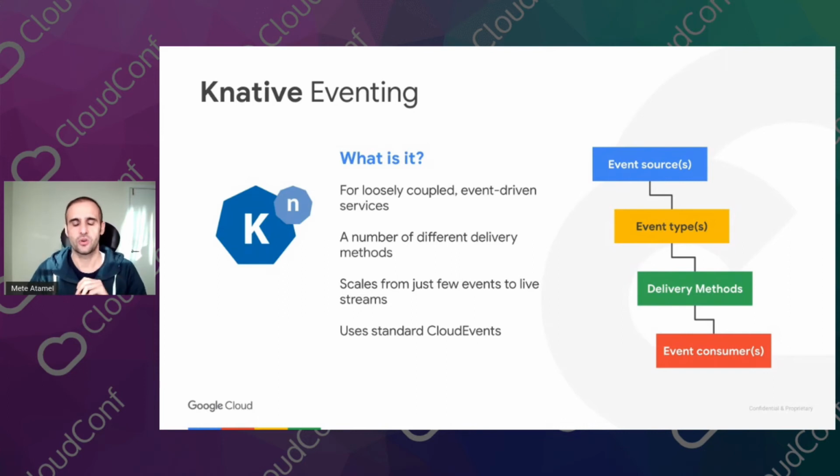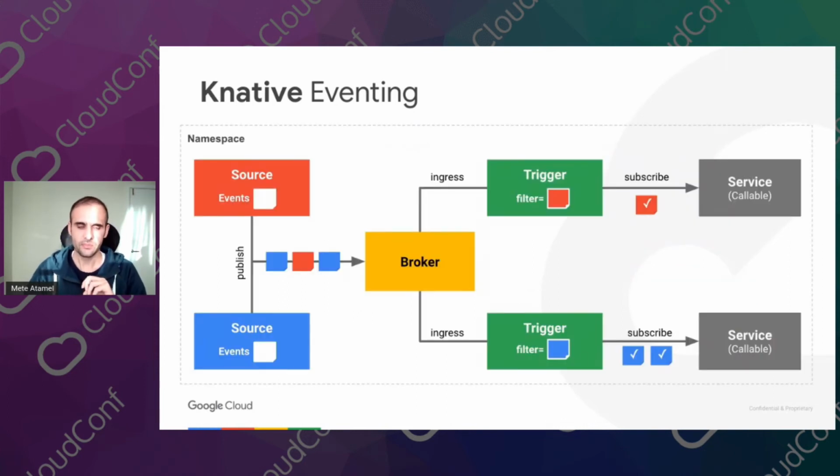Get events into your Knative services. The main building blocks for Knative Eventing look like this. First, you install some eventing sources. These sources are the things that read external events into your cluster, and they're implemented by vendors.